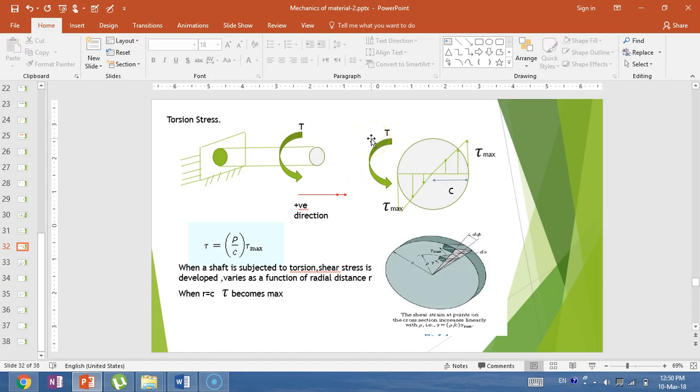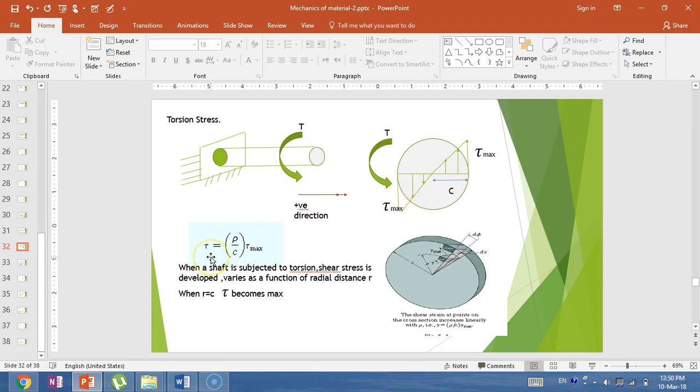Due to the application of the torsion, there will be shear stresses. These shear stresses will vary based on the distance from the center to the edge, and tau maximum, which is the shear stress due to torsion, will be the maximum value when the radius becomes equal to C, when rho is equal to C, where rho is the radius of the circle from the center of the circle to any point.